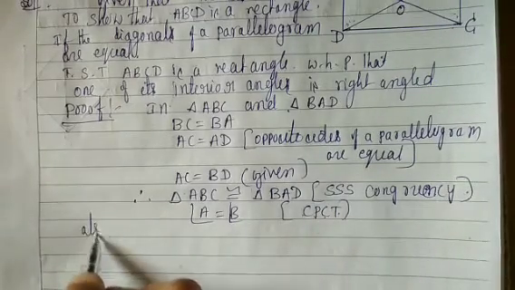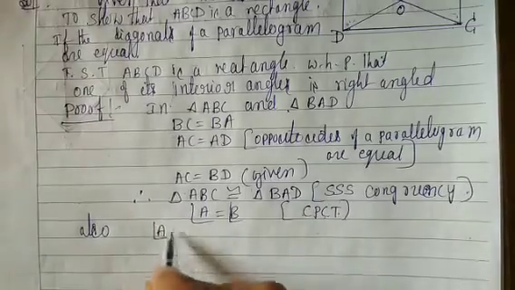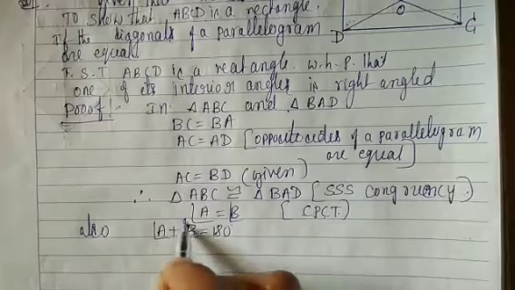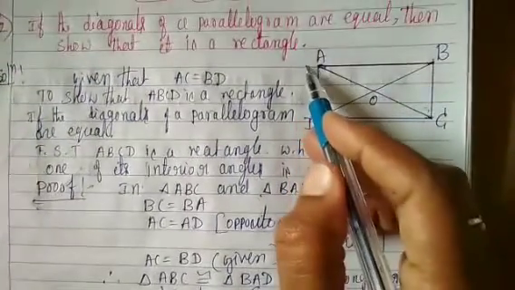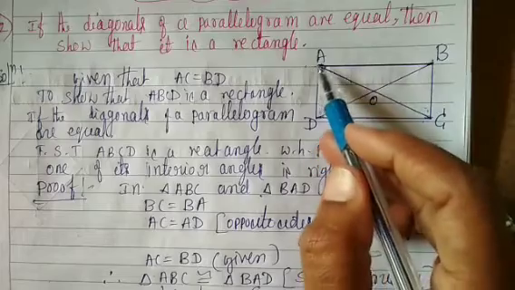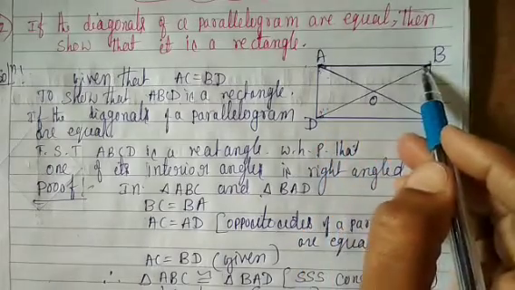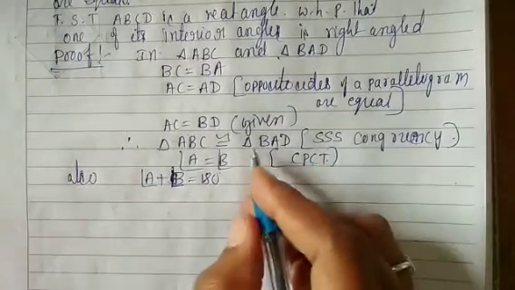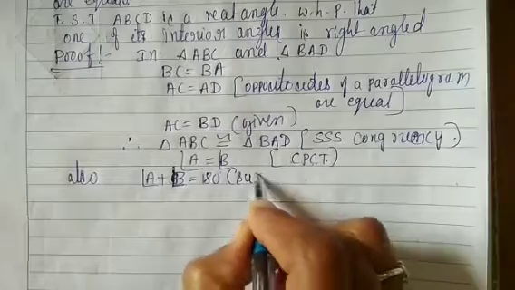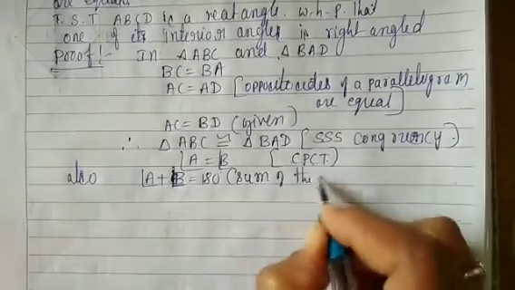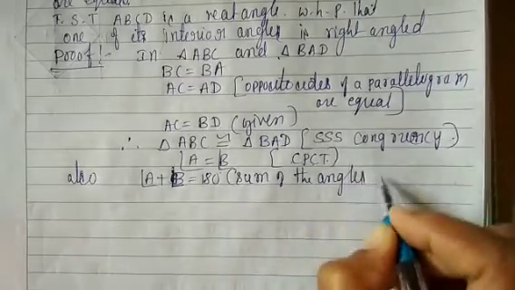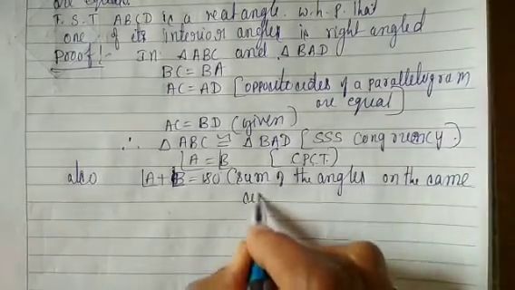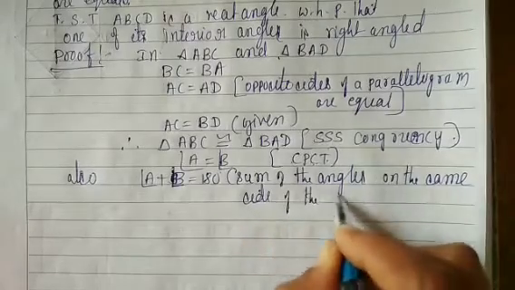Also, angle A plus angle B is equal to 180 degrees, the sum of the angles on the same side of the transversal.